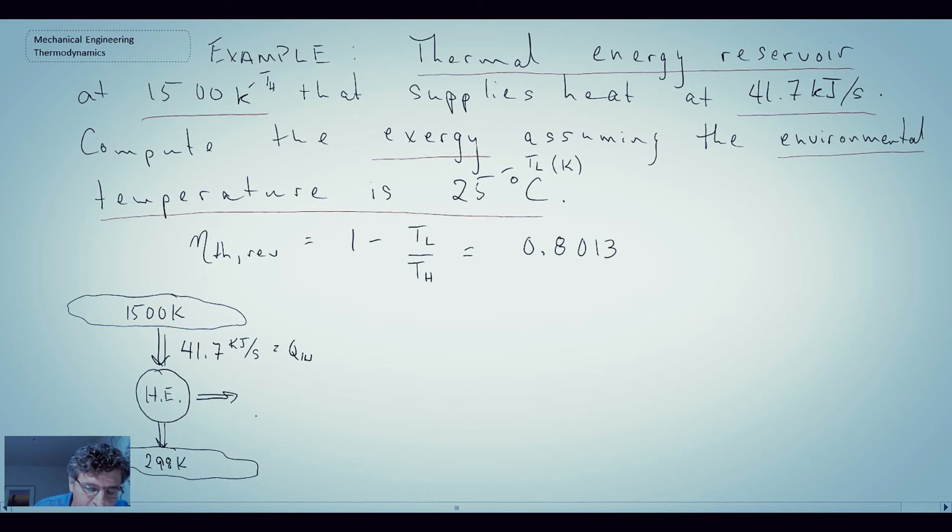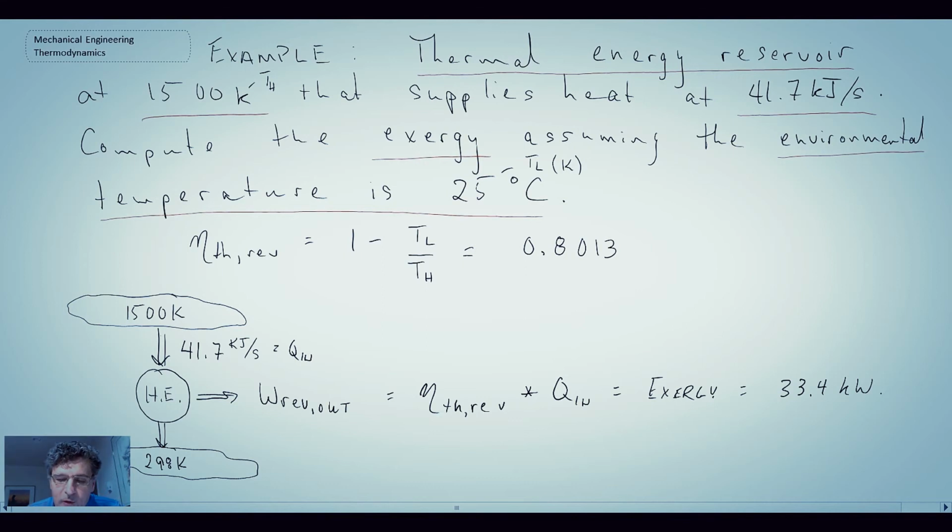We have reversible work coming out, and we can determine that by taking our thermal efficiency for the reversible heat engine and multiplying by the heat flow in, and that will equal our exergy, which turns out to be 33.4 kilowatts.